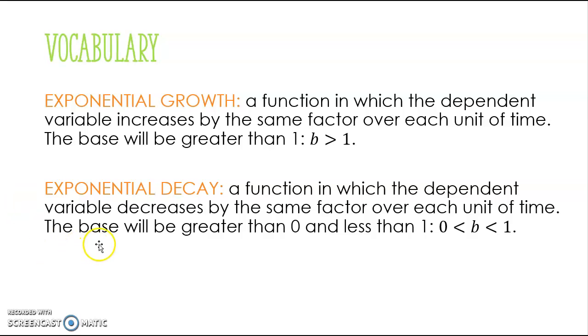That means our base has to be less than 100% or less than 1. But we do also need to be greater than 0, because if you are at 0% of your value or a negative percent of your value, that does not make an exponential function make sense. Our base is just going to be a number between 0 and 1 to show that we're decreasing over time, keeping less than 100% of our value.